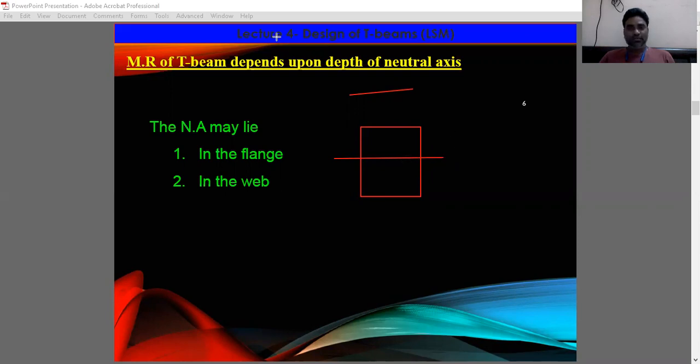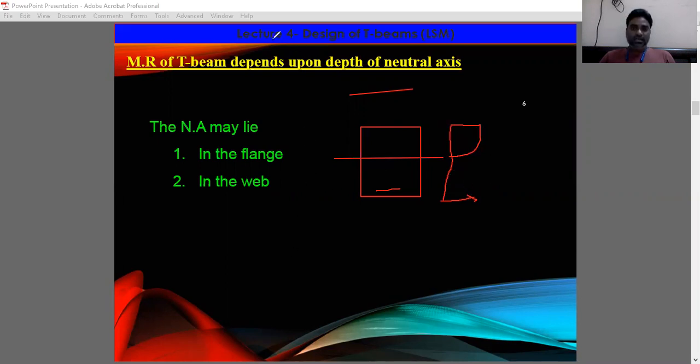So if you observe the stress zone, it is a rectangle up to some portion, then it varies to a parabolic shape. So throughout the depth of the neutral axis there is a stress distribution, and below that the stress is constant at the reinforcement, because we are assuming that the total tensile force is taken by the steel only, right?